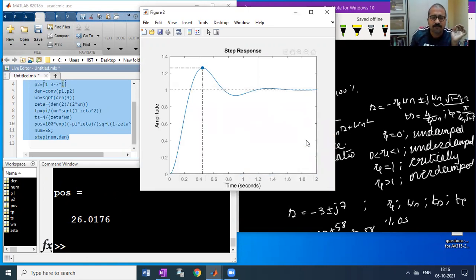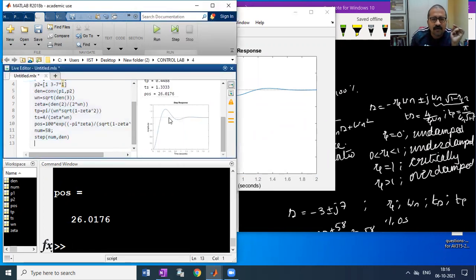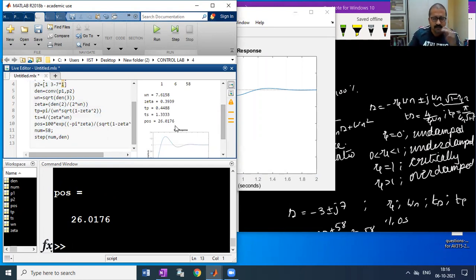How much was our TP? If you click on the thick solid dot, you get 1.26. Sorry, not TP. The overshoot was 26.0176%. So it overshot 26% beyond the final value.